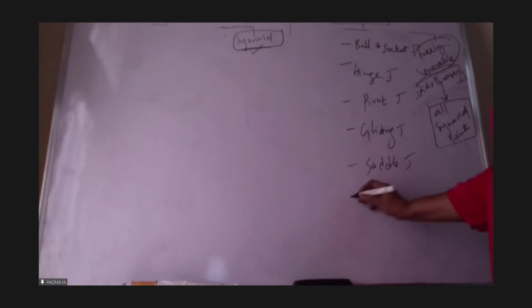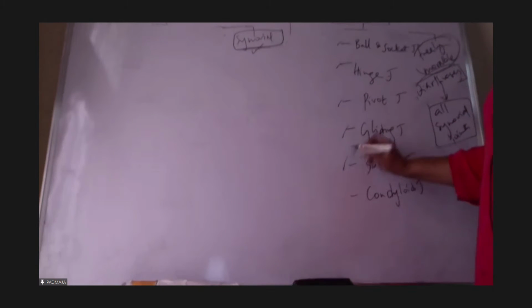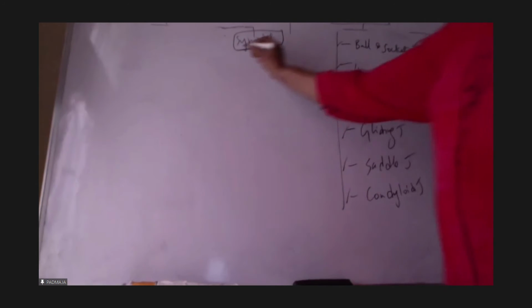Hinge joint. Pivot joint. Gliding joint. Saddle joint, and finally condyloid joint. So all these are freely movable joints in our body, and all show synovial joint structure.